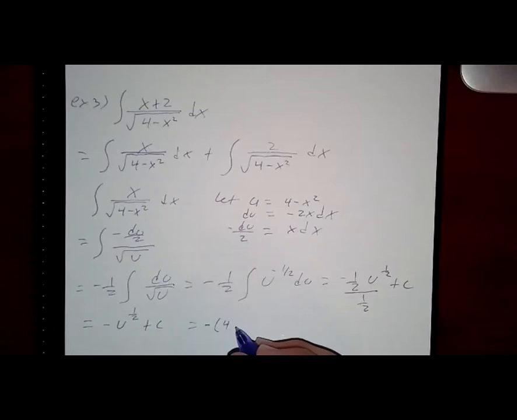4 minus x squared plus c. We gotta put the radical back up. Yeah, it's 1/2. You don't have to, but I went ahead and did it because the power is 1/2 here.